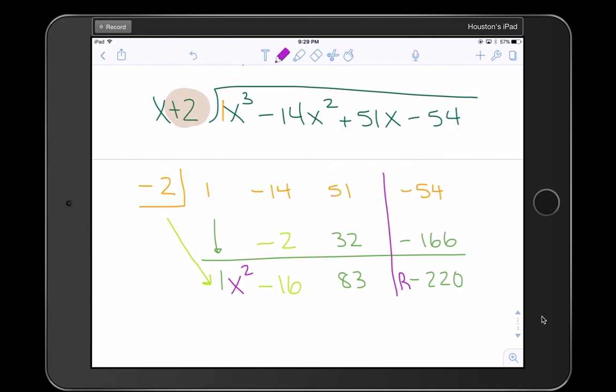And then we're going to keep on lowering that by a power. X to the first. And then we don't need to write it, but we could write an x to the 0 after the 83. In other words, if you were to divide these two using long division, the quotient or the result would be x squared minus 16x plus 83 with a remainder of negative 220.